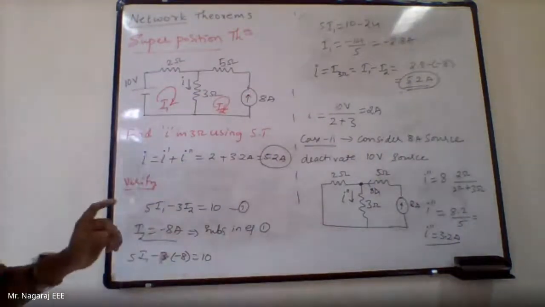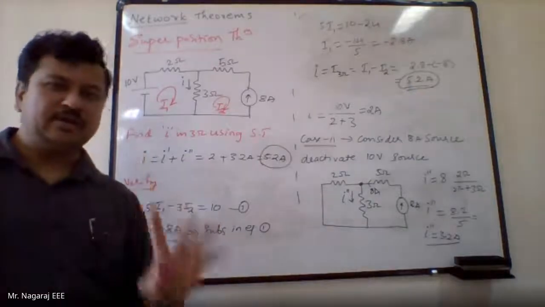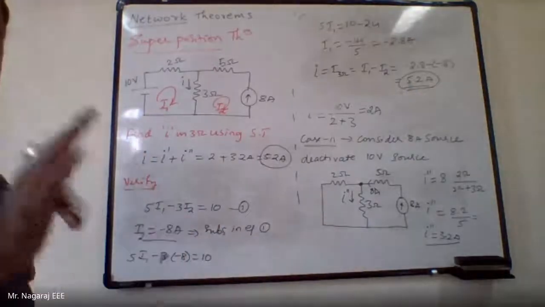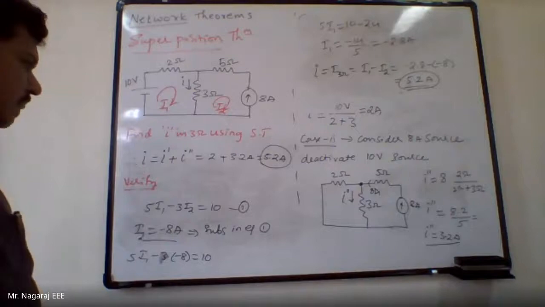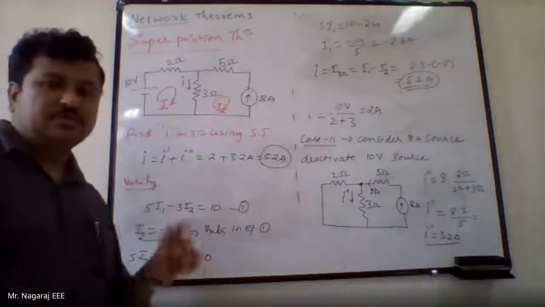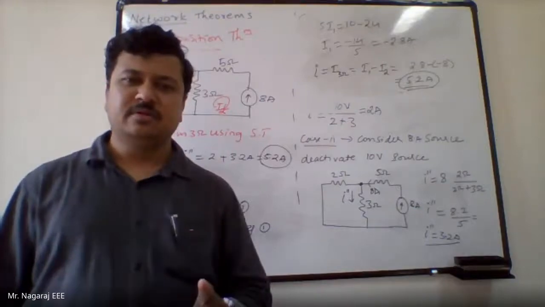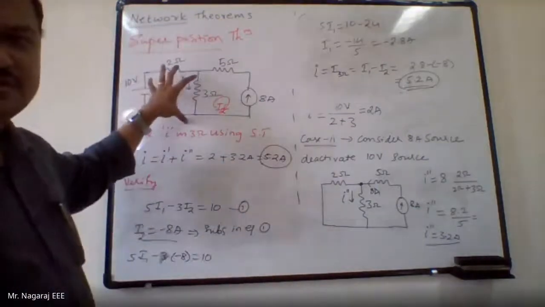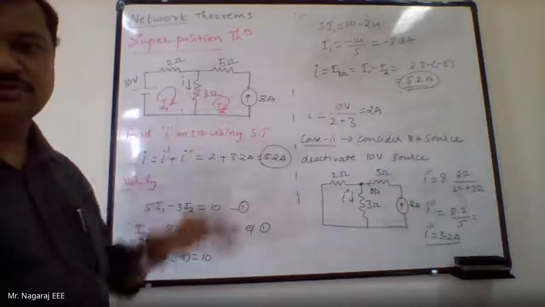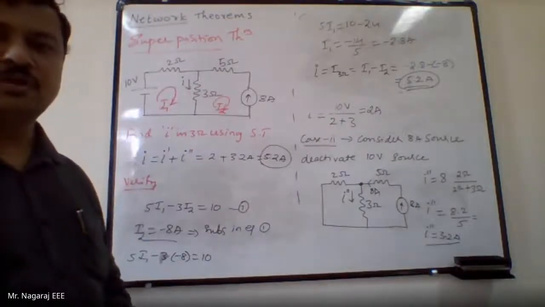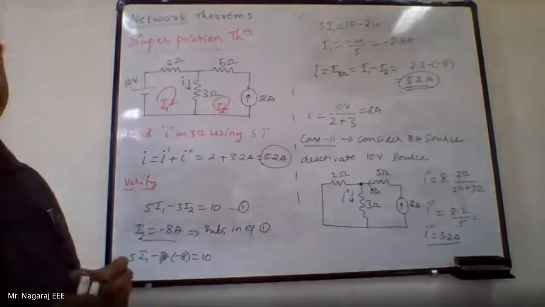The superposition theorem should be applied to a bilateral circuit. So this shows that the superposition principle is true for linear circuits. Now I can use it to solve any circuit of my interest.